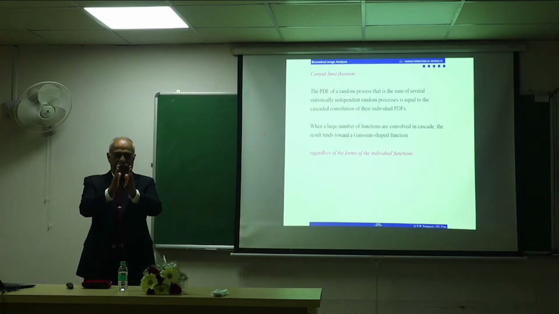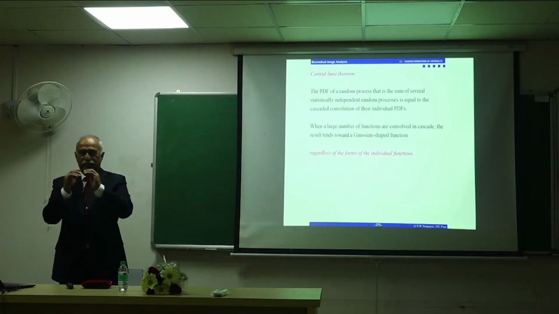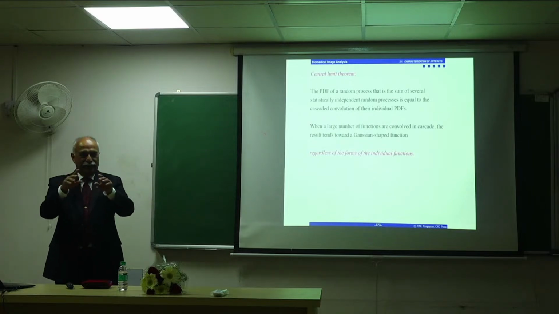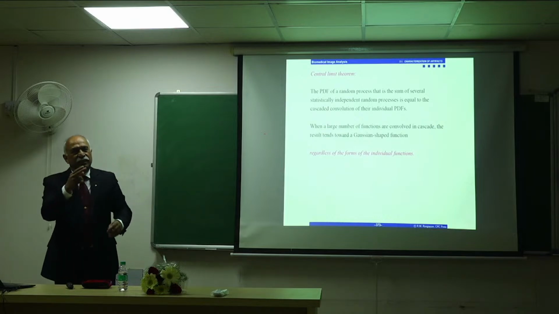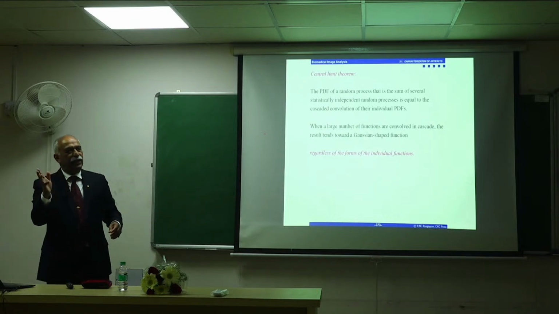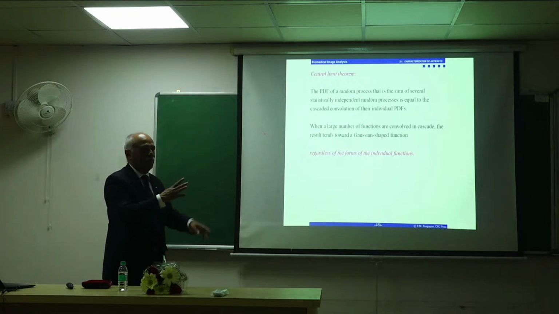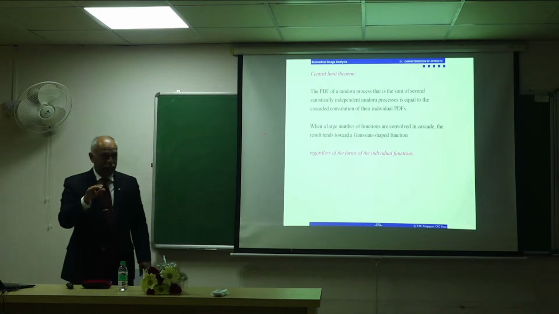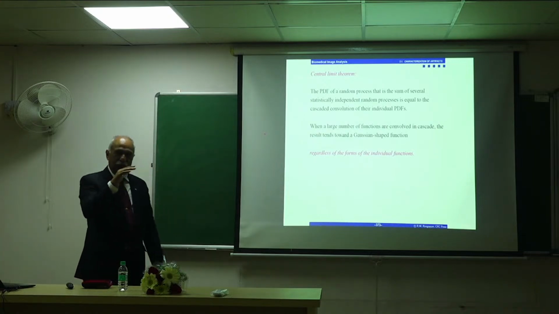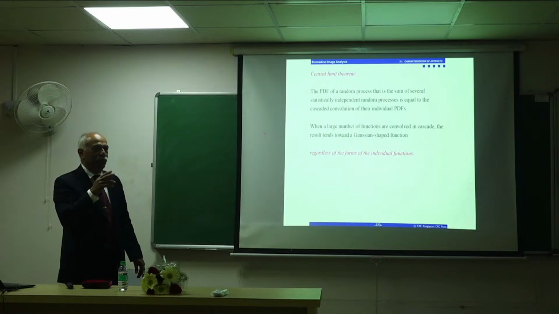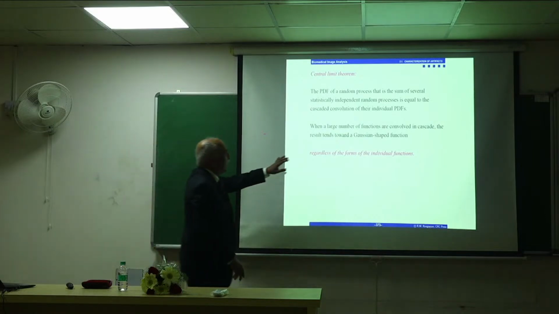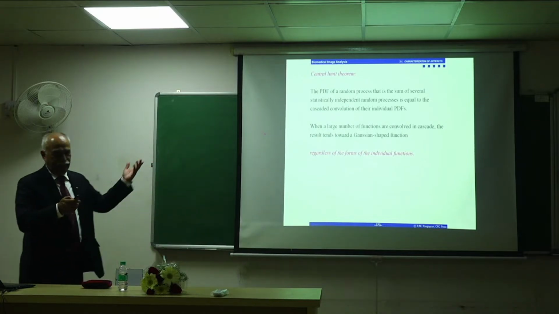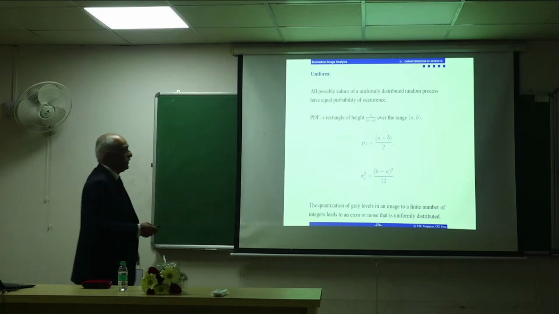If you take a rectangle function and convolve with another rectangle function, you get a triangle. Convolve again with another rectangle, you get a smooth triangle. The same rectangle function convolved 3-4 times will lead to a smooth result that looks like a Gaussian. All of these are positive valued functions, so there is only smoothing, no differentiation anywhere. So regardless of the forms of the individual functions, they tend towards a Gaussian. That's why it is commonly assumed that the noise has that shape.